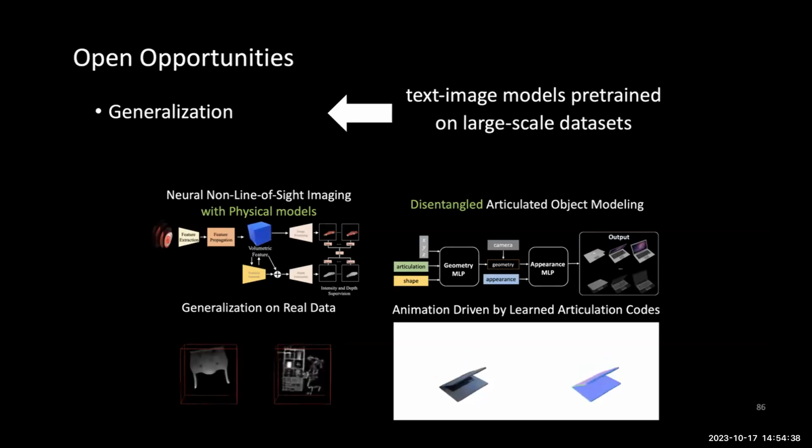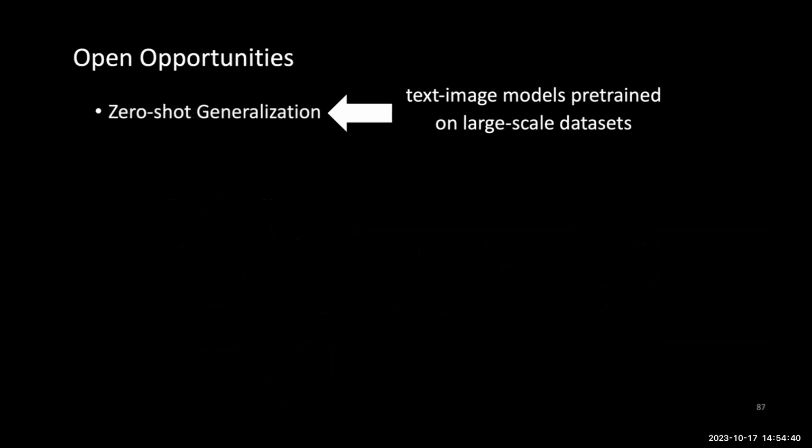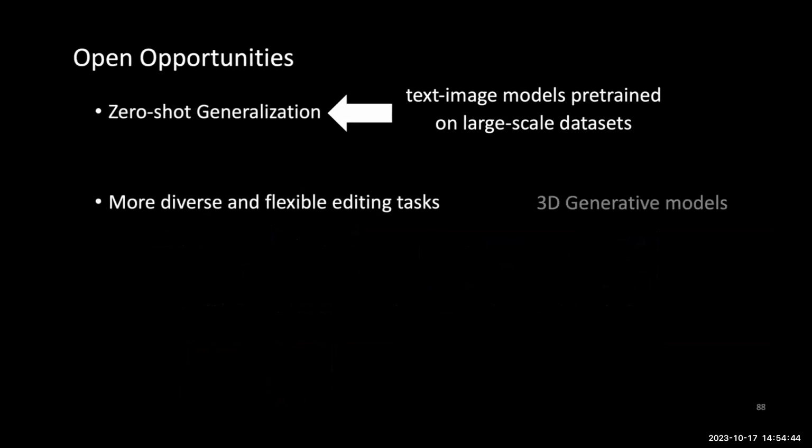And for more diverse and flexible editing tasks, one way is to use 3D generative models so that we are able to generate more data to train better 3D editing models. And towards 3D generation, there have been lots of works on this task, especially in the past one or two years.